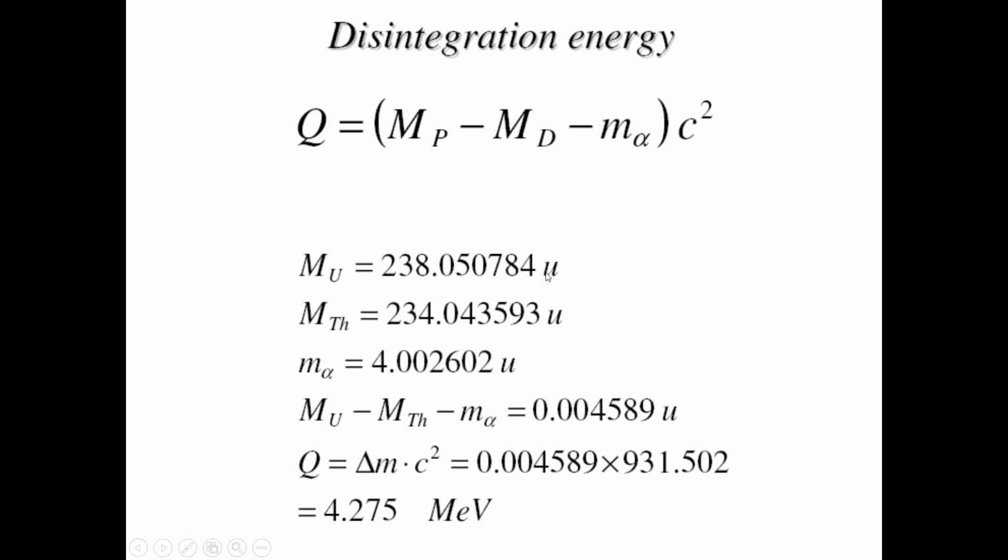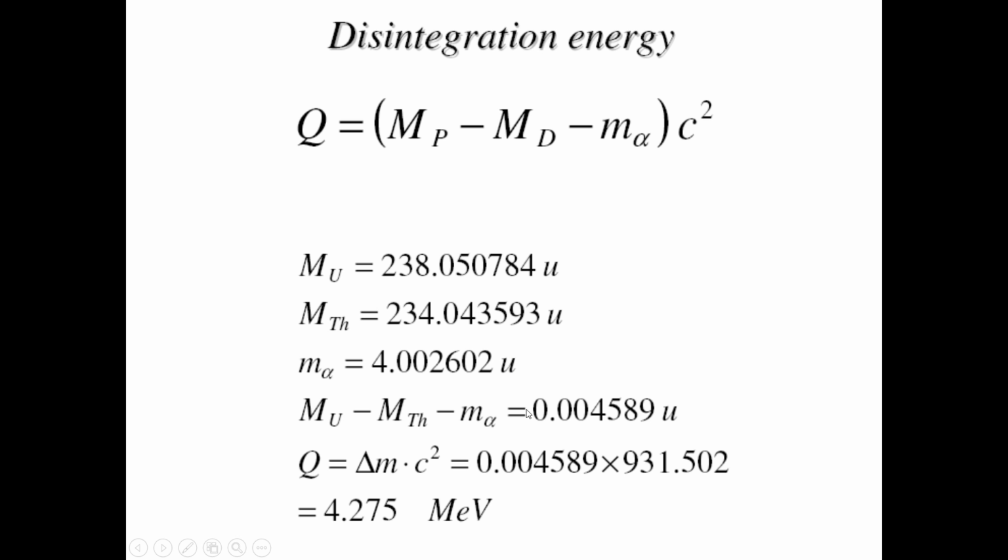So we have 238.050784 U, atomic mass unit. The mass of the daughter nucleus, which in that case is the thorium nucleus, is 234.043593 U, minus the mass of the alpha particle, which is equal to 4.002602 atomic mass unit.